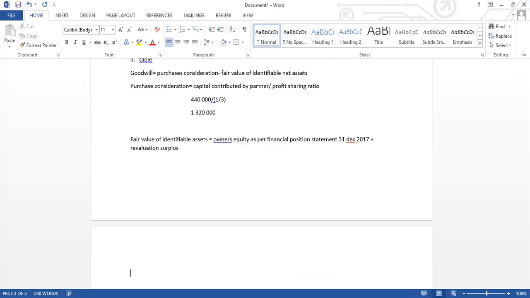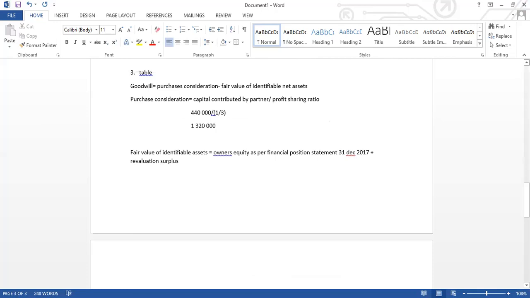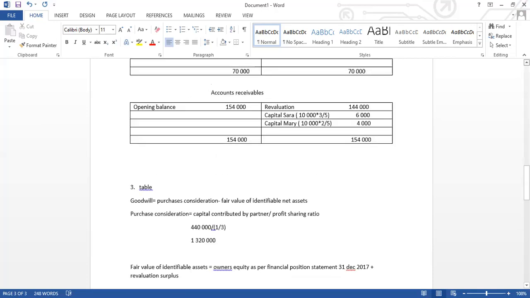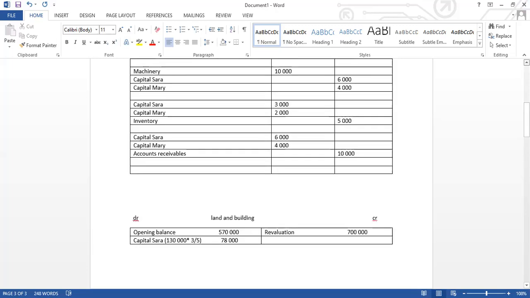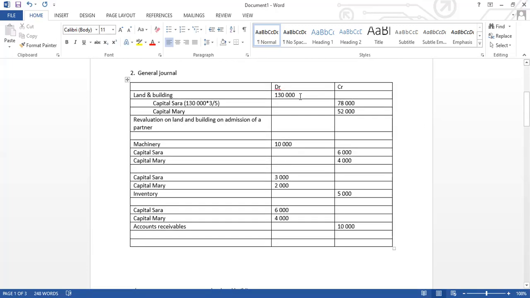So again, we have to calculate our revaluation surplus. If we go back to the journal entries that we did, we can see land and building has appreciated with 130,000. Machinery also appreciated with 130,000. And then we made a loss on inventory and also a loss on accounts receivables. So we need to calculate whether we made a total revaluation surplus or a loss on revaluation.